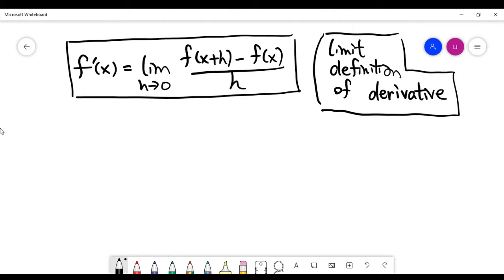But I would like to emphasize, all the rules that I will state in this video and a couple of next videos are actually derived by using this limit definition of derivative. So the origin is always coming from the limit definition, but to speed up our computation, it's much better that you memorize a couple of rules instead of going back to the limit definition every time. That's how the differentiation rules come up.